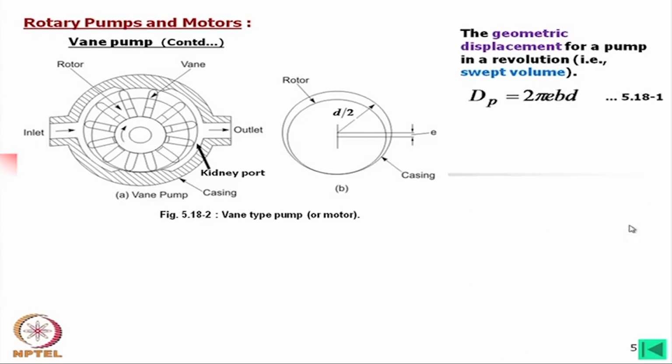Now, a more refined formula can be developed, but roughly we can say that this is two into eccentricity, eccentricity on this side and on the other side also, that means the total stroke length of the vane will be 2e, then pi into d, where d is the diameter of the casing, multiplied by b, the width of the vane.